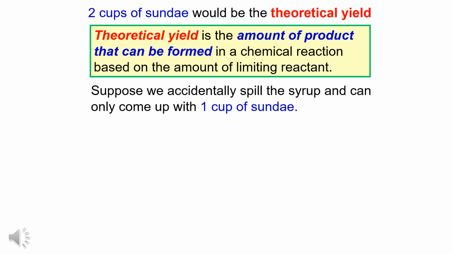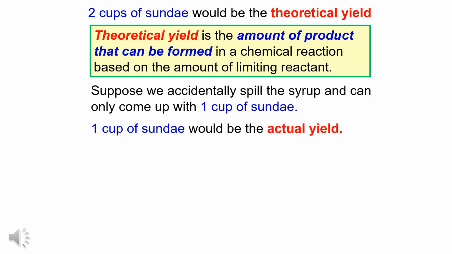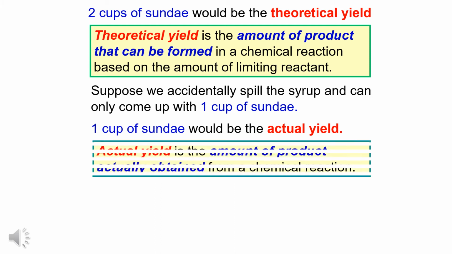Suppose we accidentally spill the syrup and can only come up with 1 cup of sundae. 1 cup of sundae would be the actual yield. Actual yield. Actual yield is the amount of product actually obtained from the chemical reaction.